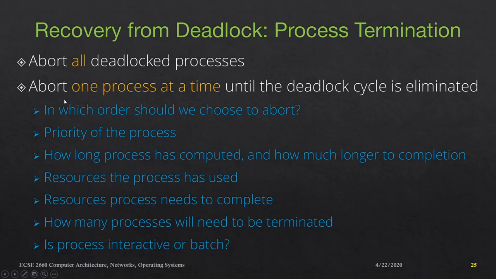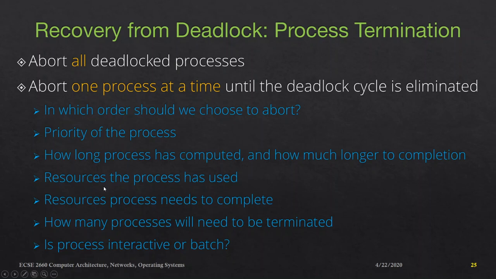Now there are several questions related to that choice. In which order should we choose to abort? Should we abort the process that has higher priority versus lower priority? How long the process has computed? If it reached 90% of its computation, should we terminate that? Or should we terminate a process that is just starting up and has progressed 10%?